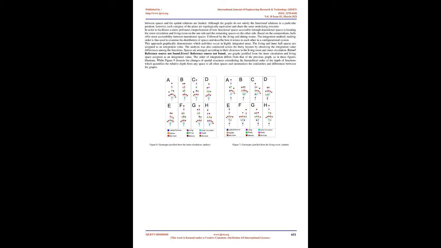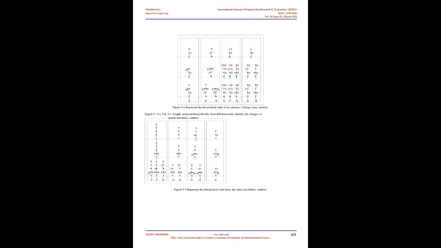The analysis results confirm that despite the variation in the patterns of connections, Figure 6 shows the categorization of the geometrical composition according to the genotype. Although the graphs do not satisfy the functional relations in a particular position, each category of the plans is topologically equivalent and shares the same underlying structure.